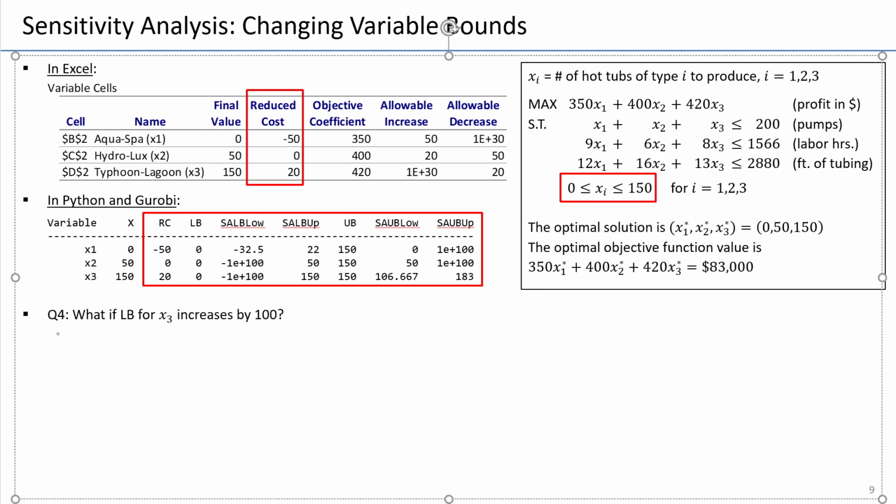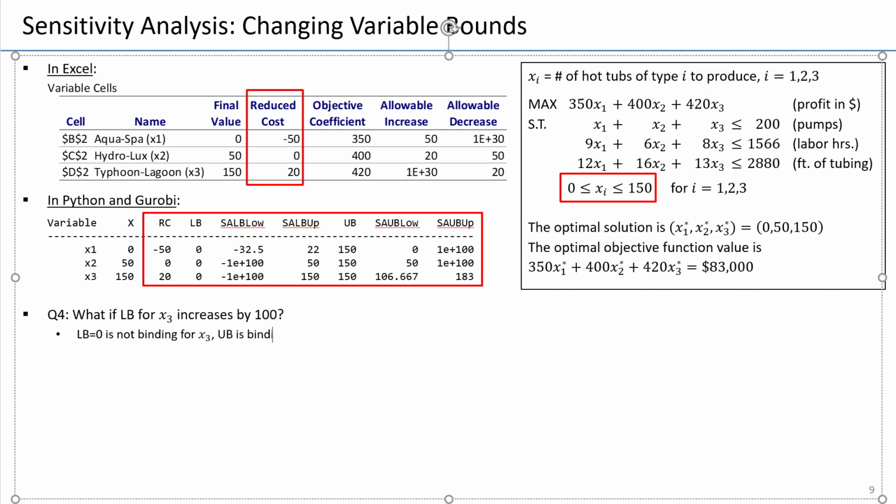Another question, what if the lower bound for the third variable increases by 100? We need to notice that for the third variable, lower bound 0 is not binding. The upper bound is binding.